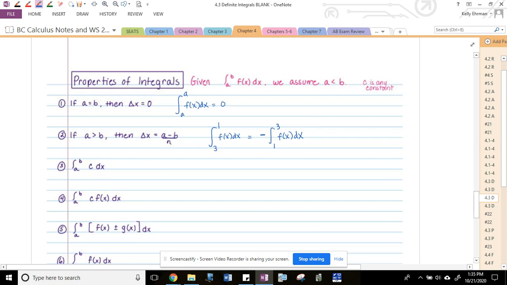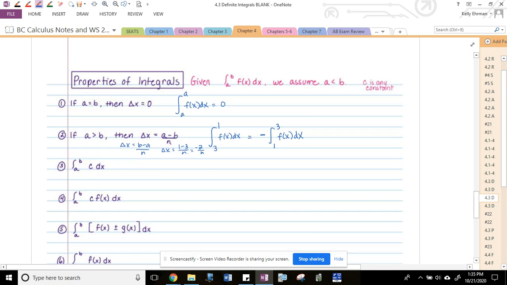The order of the integral matters because this formula for delta x, normally delta x is b minus a over n. Well, if a is bigger than b, my delta x is going to be negative, right? If I do it this way, then I get 1 minus 3 over n is -2 over n. So the reason this negative sign comes out is because, remember, delta x is in the formula. It's delta x times each f of x sub i.